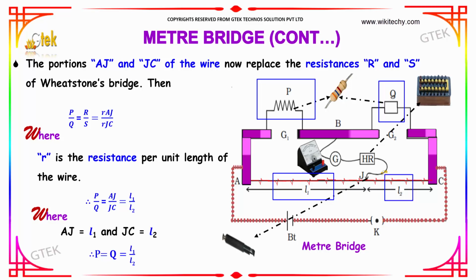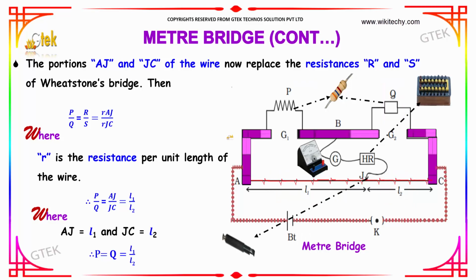You have P, Q, R and S. So by formulation, P by Q is equal to R by S, which is equal to the resistance per unit length into AJ over the resistance per unit length into JC.